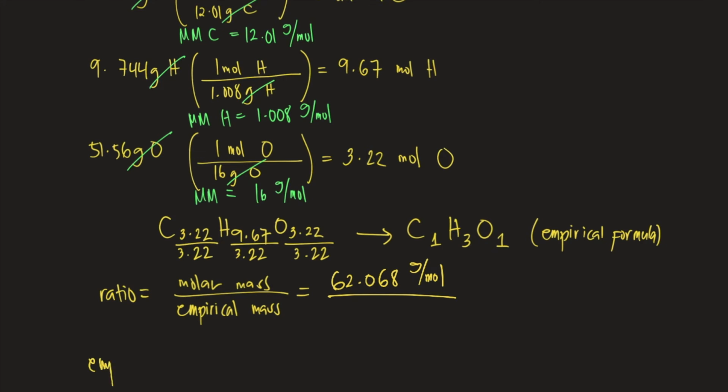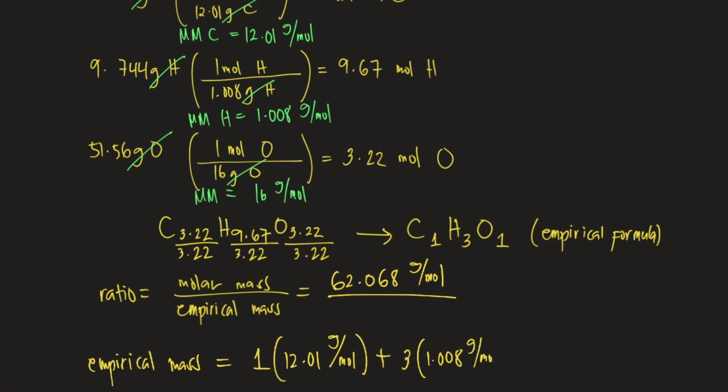How do we solve for the empirical mass? We already have the empirical formula, C1H3O1. So to solve for the empirical mass, we have 1 times the molar mass of carbon, 12.01 grams per mole, plus 3 times the molar mass of hydrogen, 1.008 grams per mole, plus 1 times the molar mass of oxygen, 16 grams per mole.